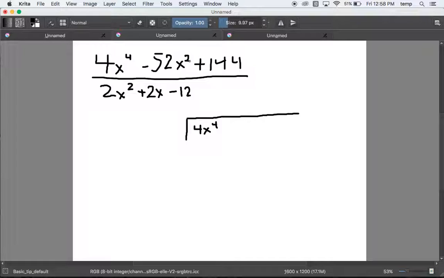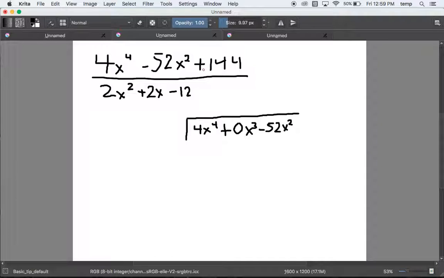We can't just leave that out. So we say that there are zero x cubed, because we don't have any. That would be plus 0x cubed. So we're adding no x cubed to this. Then we have x squared, so we can leave that -52x squared.